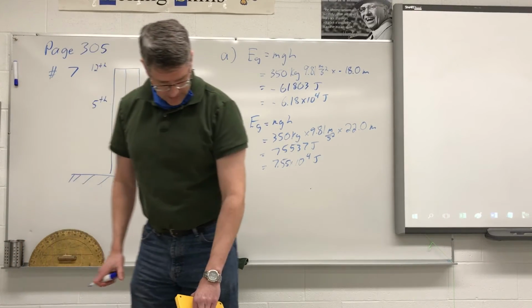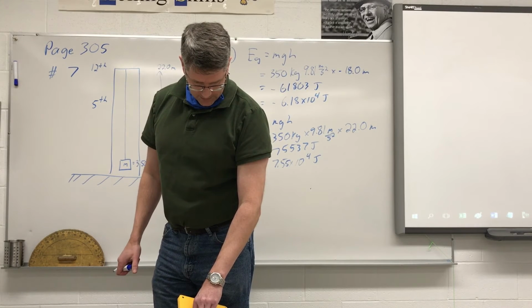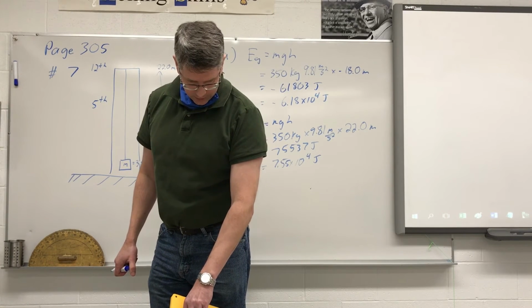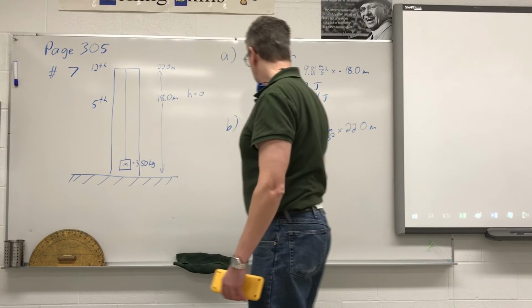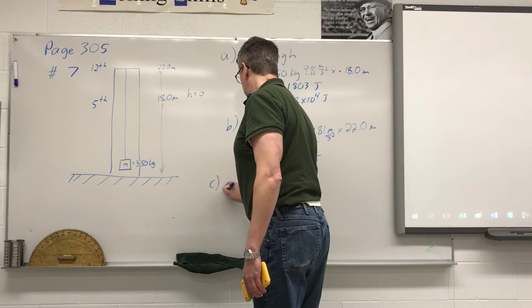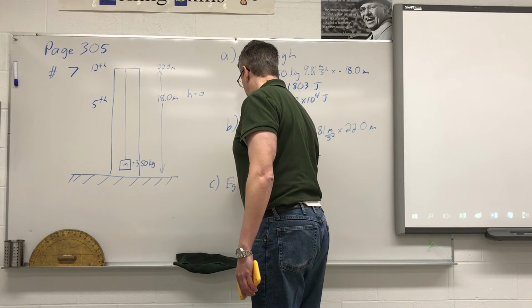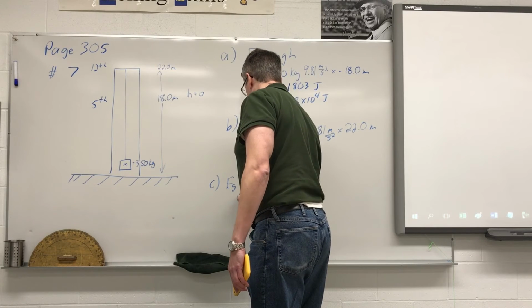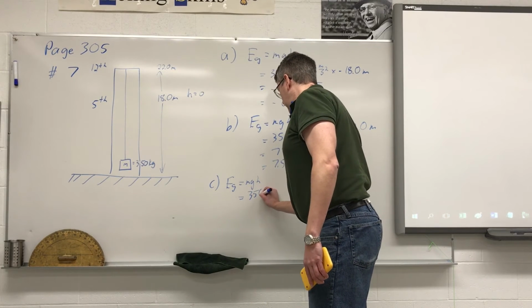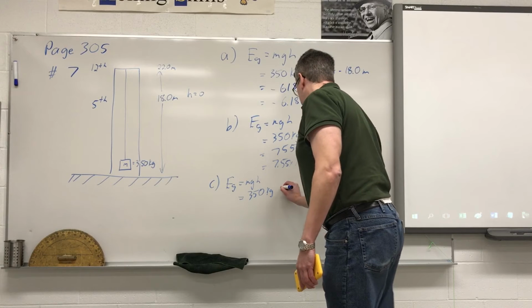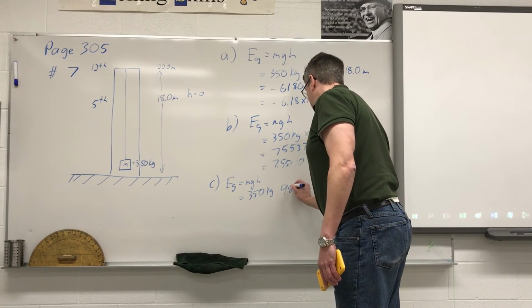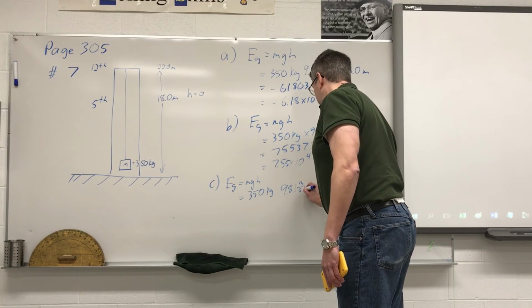Good. And part C, what is the change in gravitational potential energy as it is raised? So for part C, two ways to work this out. We can figure out the gravitational potential energy using mgh. So again, 350 kilograms. g is 9.81 meters per second squared.